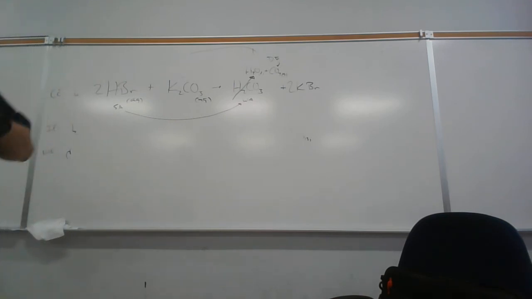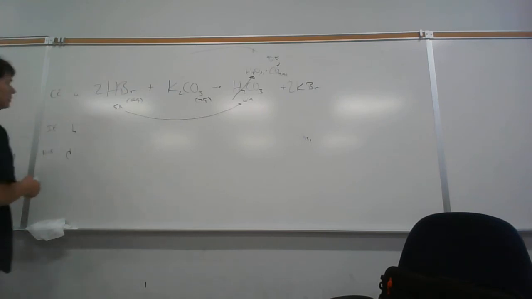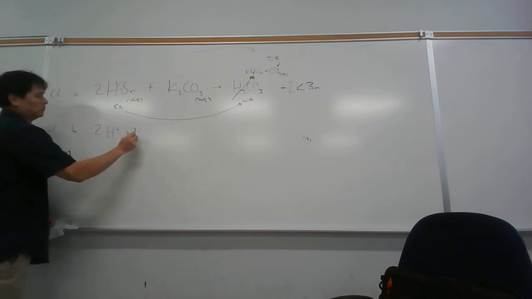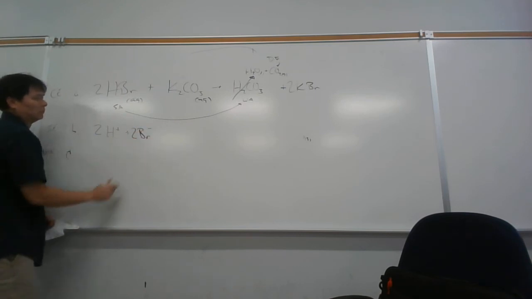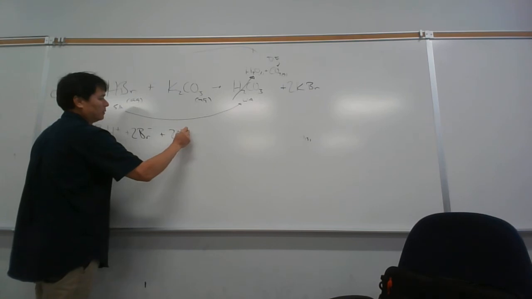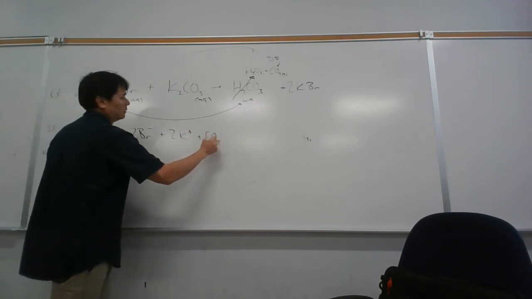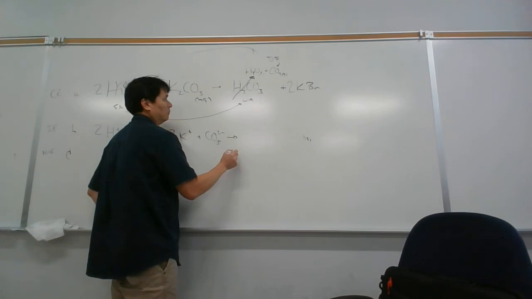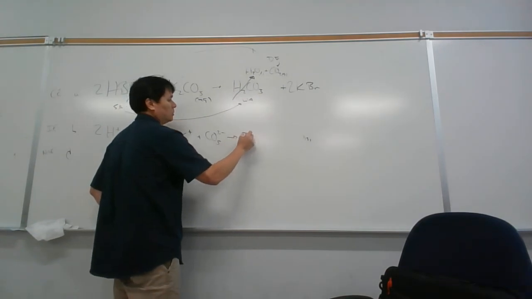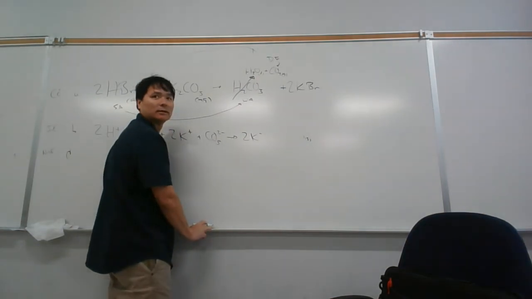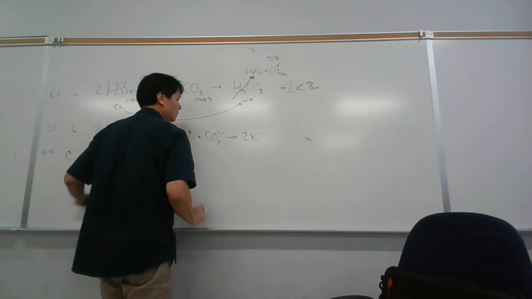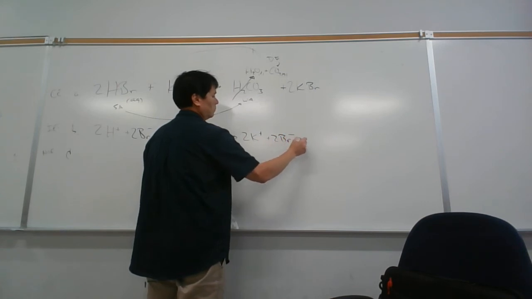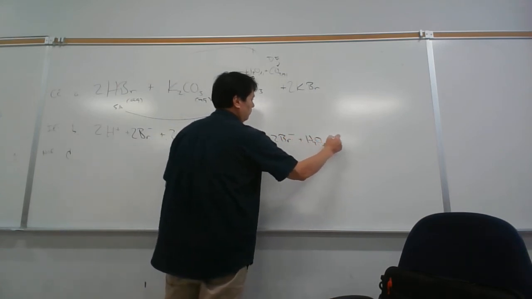Were you guys able to get this, the ionic equation? Okay, what did you get? 2 hydrogen ions plus 2 bromine ions plus 2 potassium ions plus CO3 2-, going to 2 K plus plus 2 Br minus plus H2O and CO2.